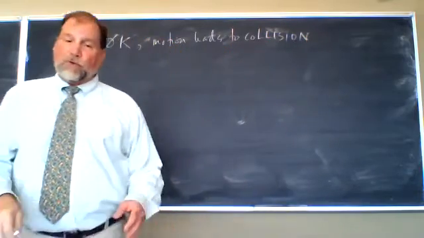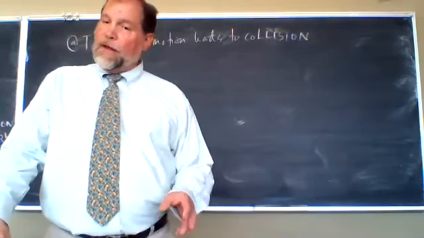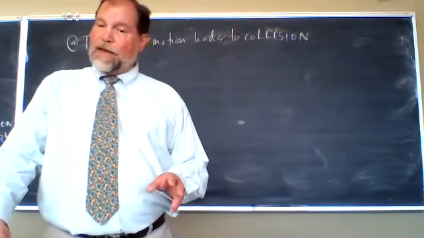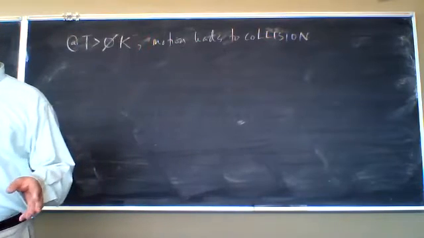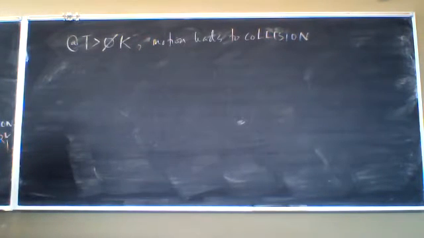But in order for the chemical change to be effective, we have to have a successful collision. So not every collision is successful. Therefore, we have to find a way to understand how these collisions would be successful.